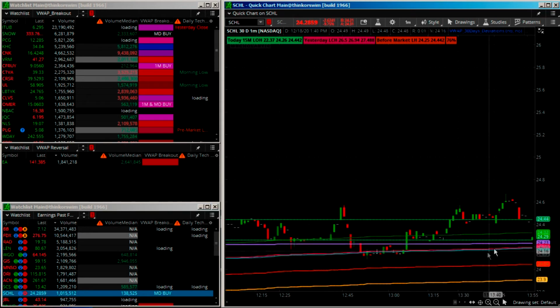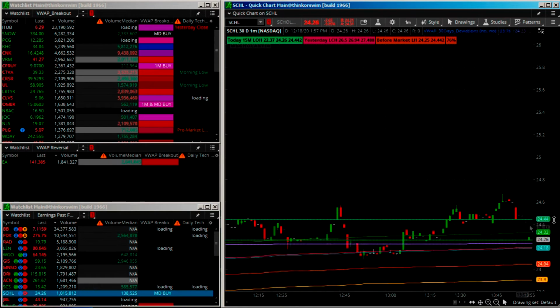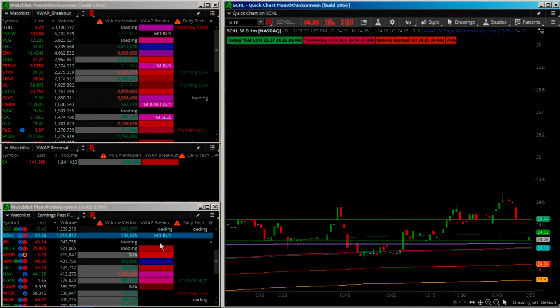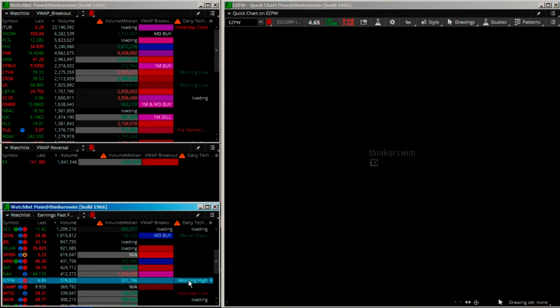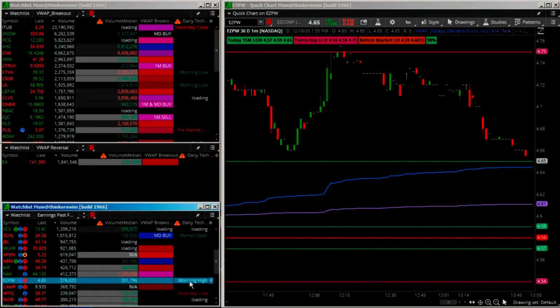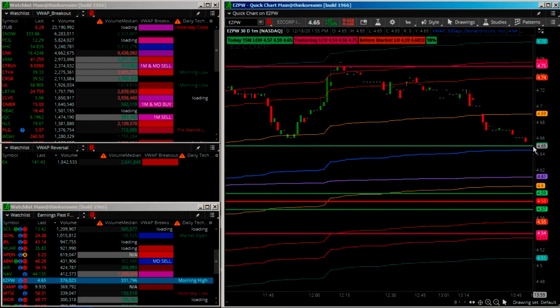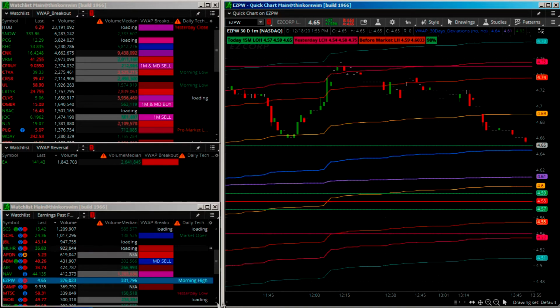That's it. That's a weird stock. Okay. Here's a tag for PW that is currently crossing the morning high. Right over here, we can barely see it. So the 3 columns give you a good idea of what's happening.